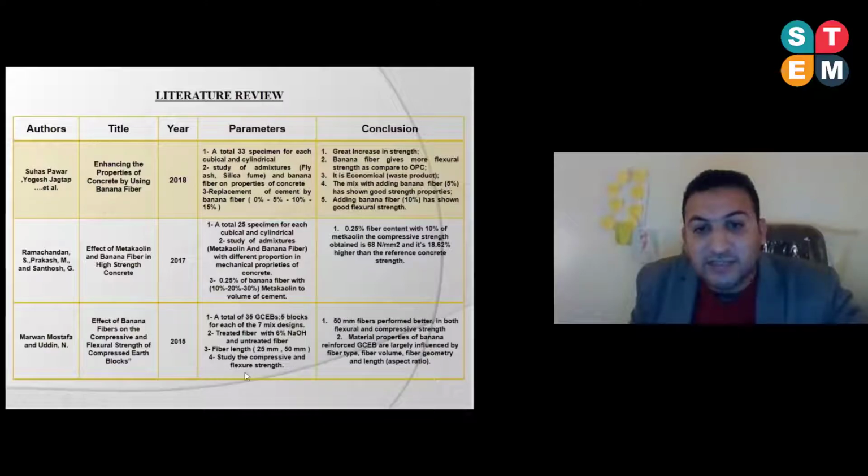He studied the compressive and flexure strength. His conclusion is that 50 millimeter fibers performed better in flexure and compressive strength when compared with the compressed earth block.